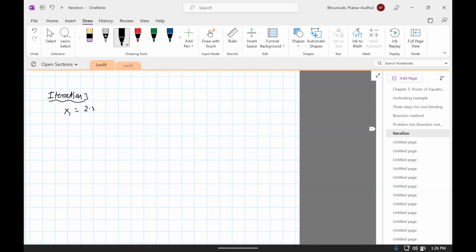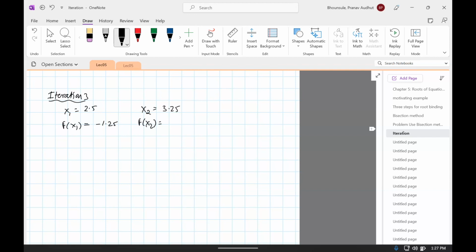x1 remains as 2.5. F of x1 is something we've already computed. It is minus 1.25. x2, we computed that using the bisection method, 3.25.